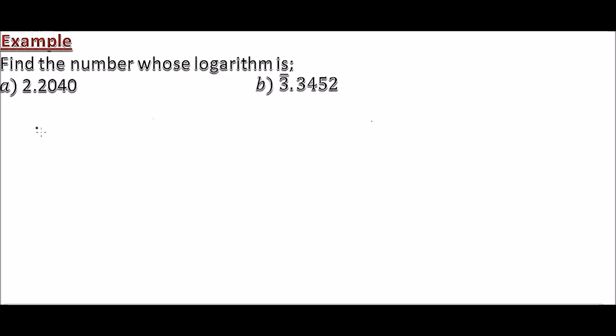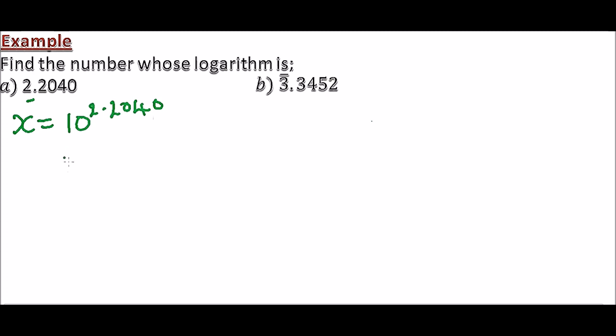In this example, find the number whose logarithm is 2.2040, part B, bar 3.3452. So we start with part A. What this means is that if we assume our number is x, it should be equals to 10 to power 2.2040.